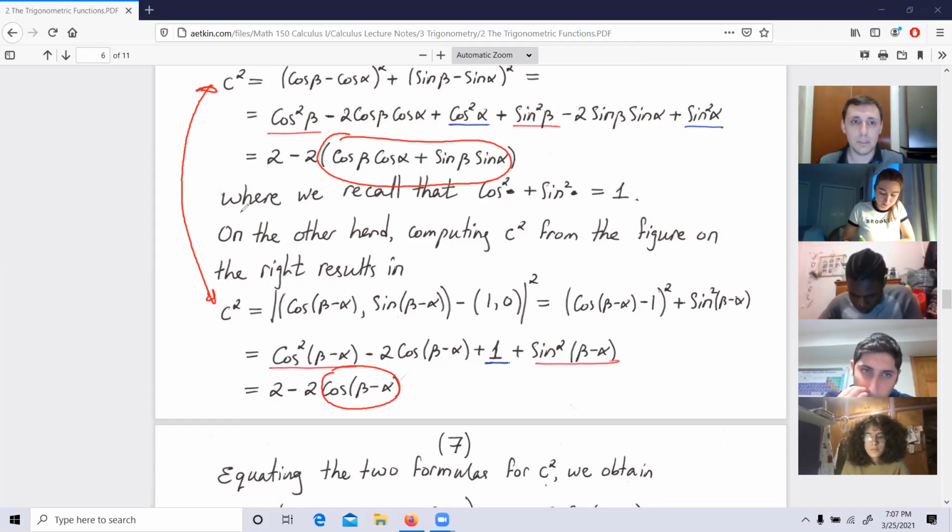You see, this equality is equal to this equality, and everything is the same. You can just algebraically or just obviously see that this part must be the same as this part. It's 2 minus 2 times something equals 2 minus 2 times something. But those somethings are the same. Good. So I now have a formula for cosine of beta minus alpha.